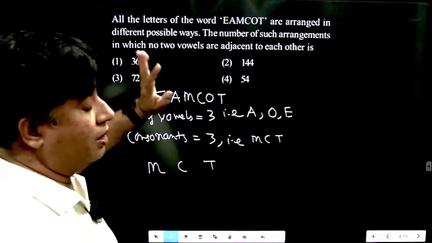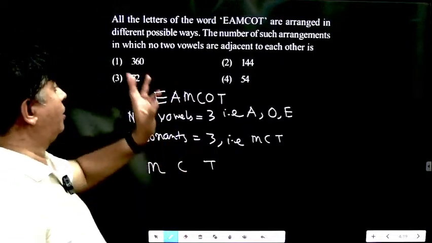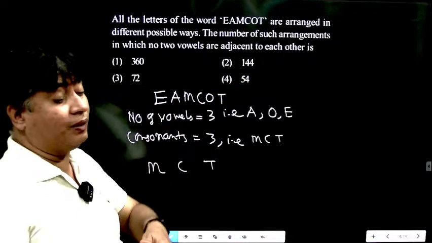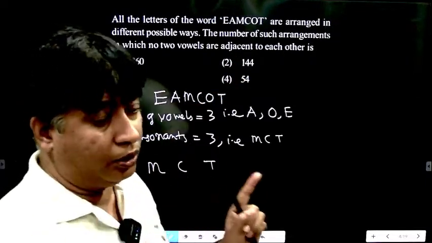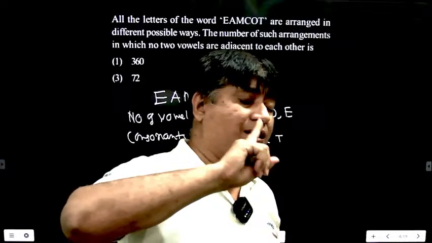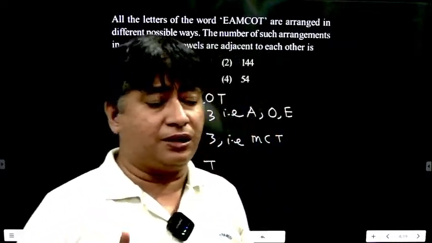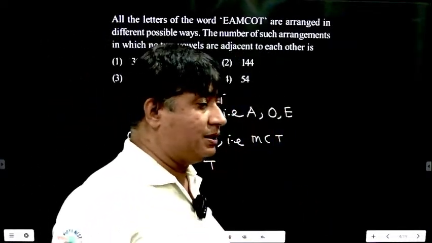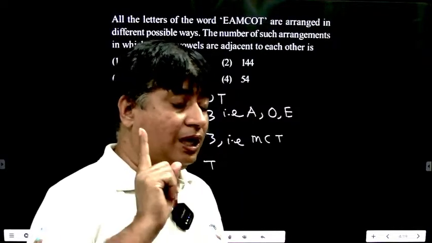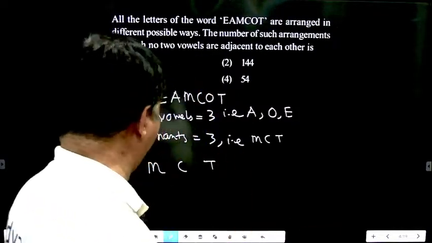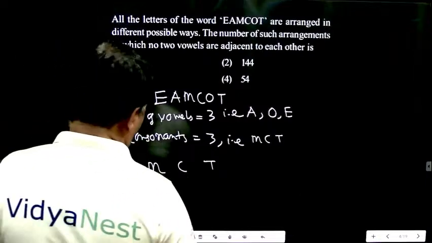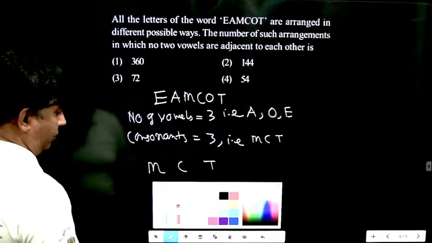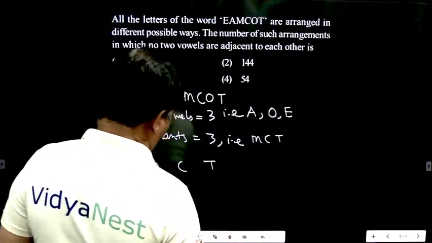No two vowels come adjacent or side by side means between two vowels there will be always a consonant. Okay? Yes or no? Yes, sir.